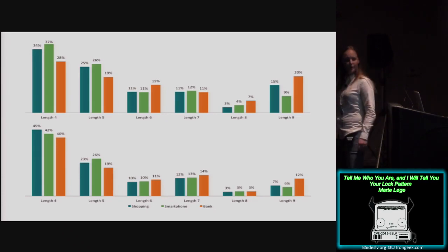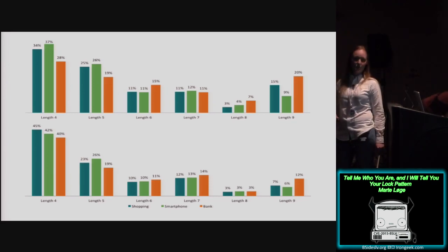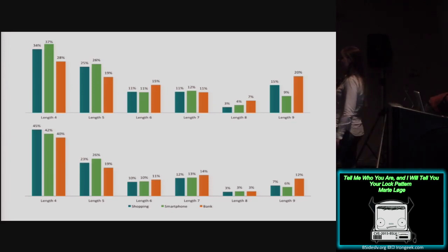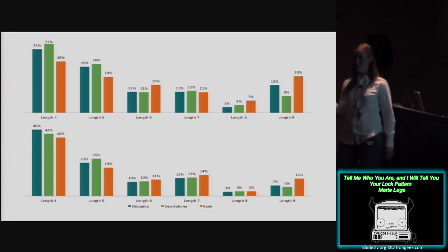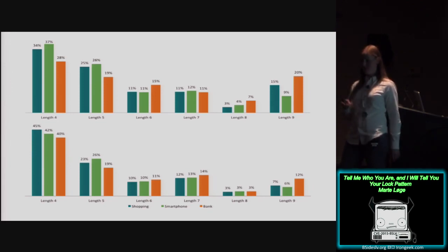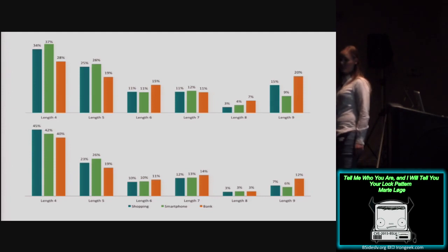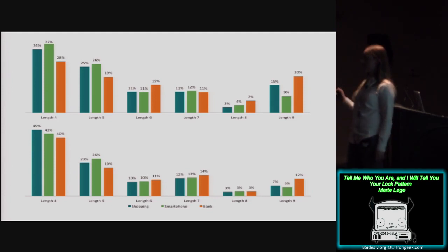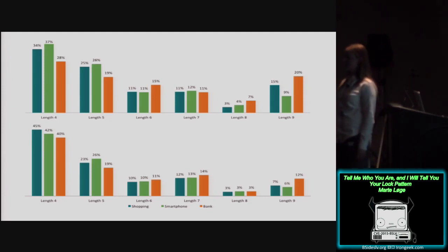And I just wanted to point out a result that I don't have an answer to. I do not know why. I can't explain the numbers, but on average, there are only 4% of the data set that have created patterns of length 8. There are actually over 140,000 unique combinations of patterns of length 8.